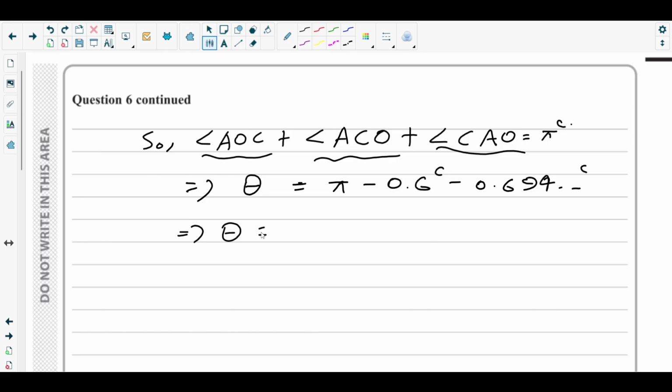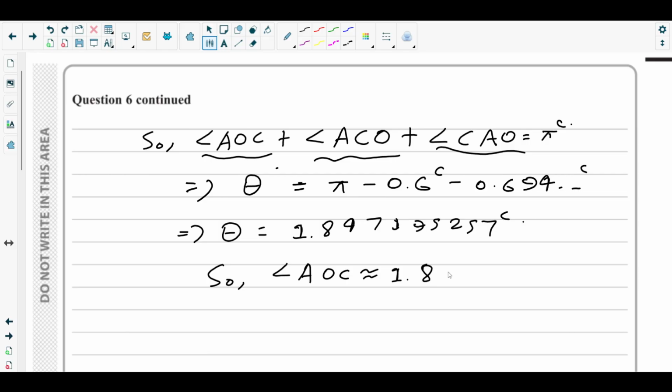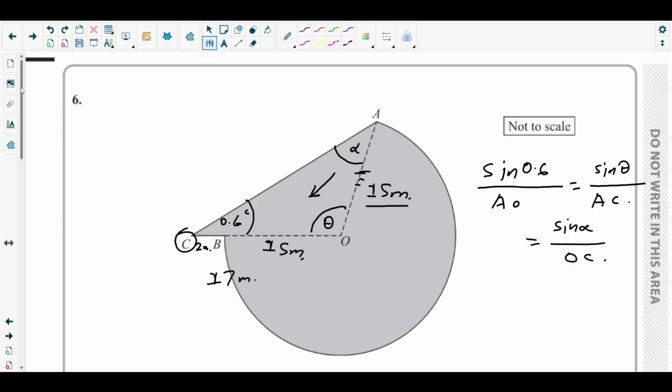So pi is 3.1416 minus answer minus 0.6, so you will get 1.8471952557 radians. So angle AOC, up to 3 decimal places, is 1.847 radians. That's the answer for part A.